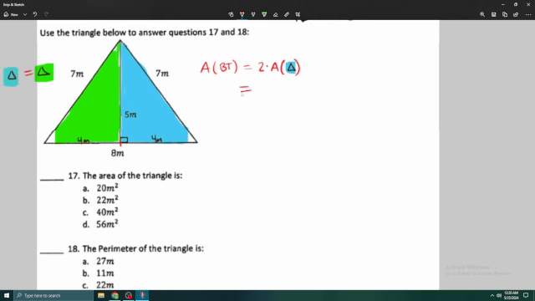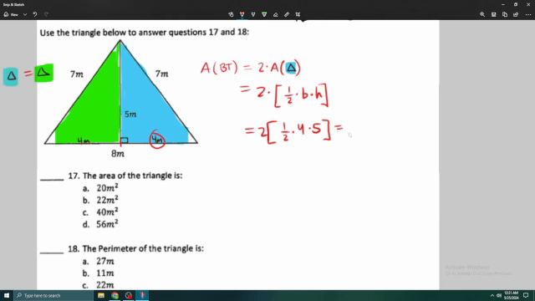So let's find the area of our blue triangle. I know that my area is going to be 1/2 times base times height. I know that my base is 4. So 2 times 1/2 times 4, and my height is 5.